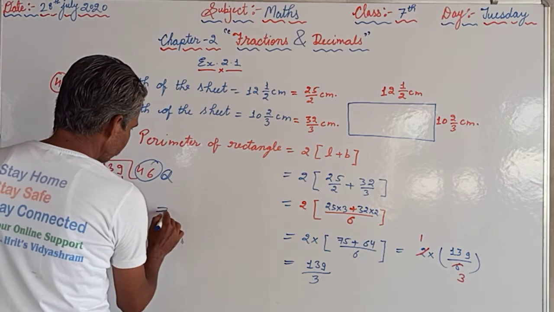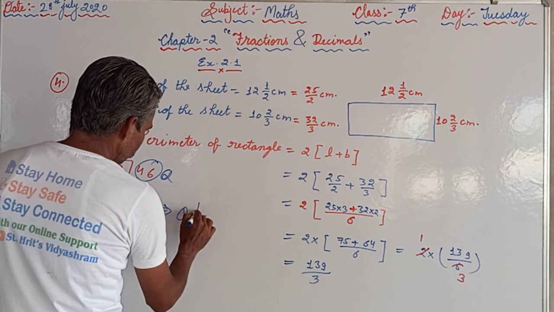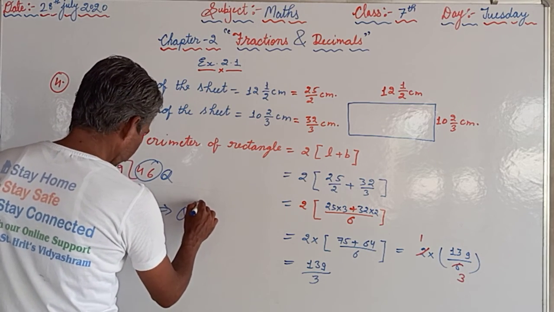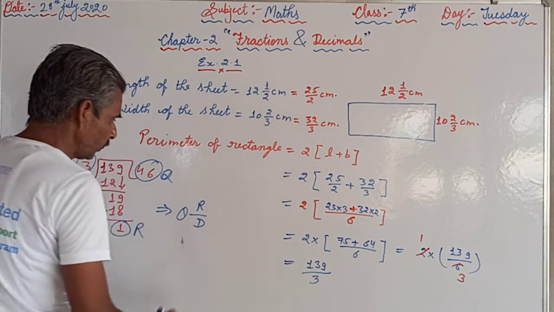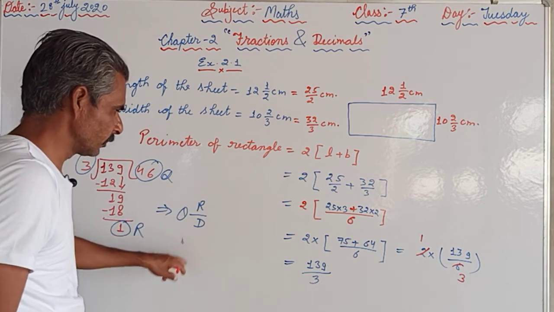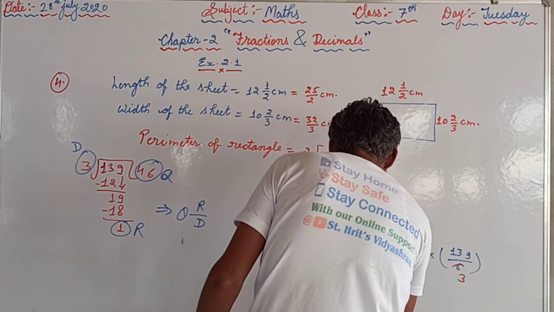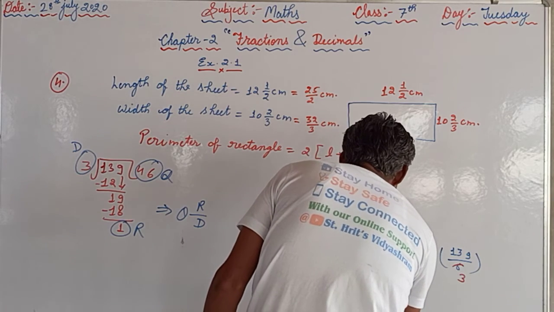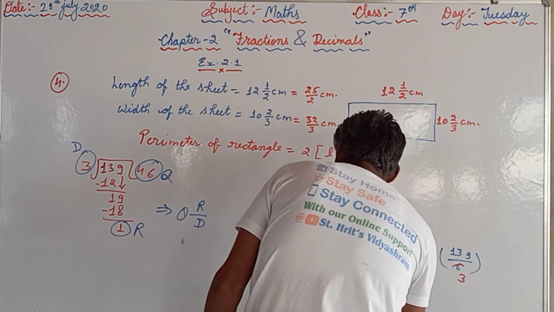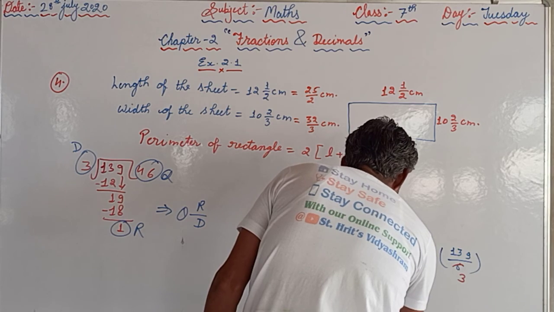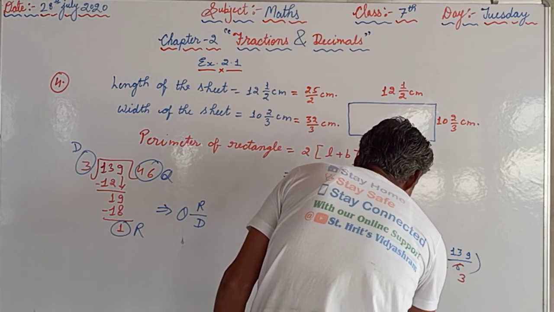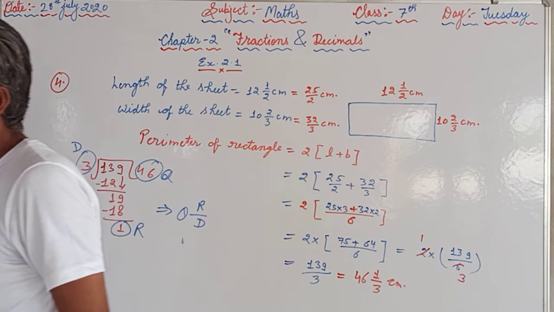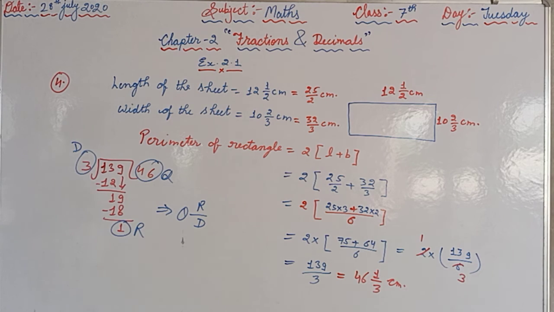So the mixed form will be Q R upon D: quotient, remainder, divisor. So here we will write the answer in the mixed form, that is 46 and 1 by 3 centimeter. At last we are supposed to write our answer in words. The perimeter of this rectangular sheet will be 46 and 1 by 3 centimeters.